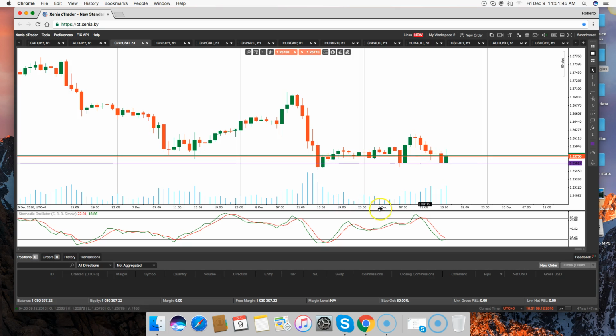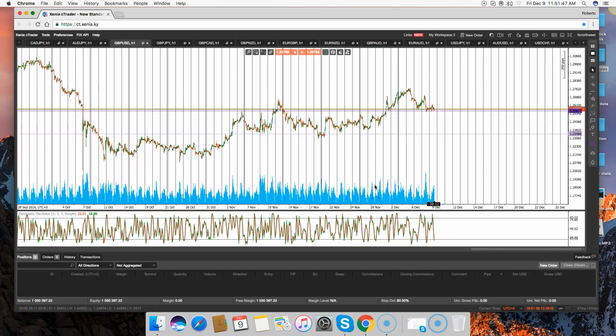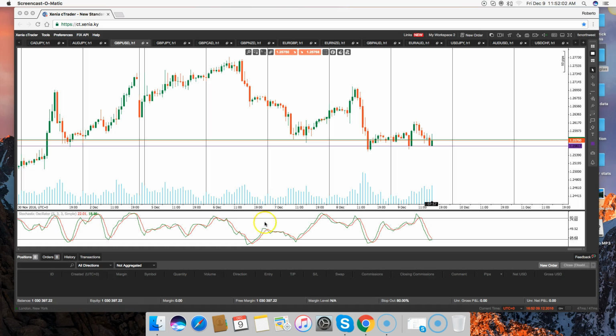So let's look over some trades that were good trade setups, simply based on this oscillator, price action, and support and resistance. Here's one that we have down at the bottom.